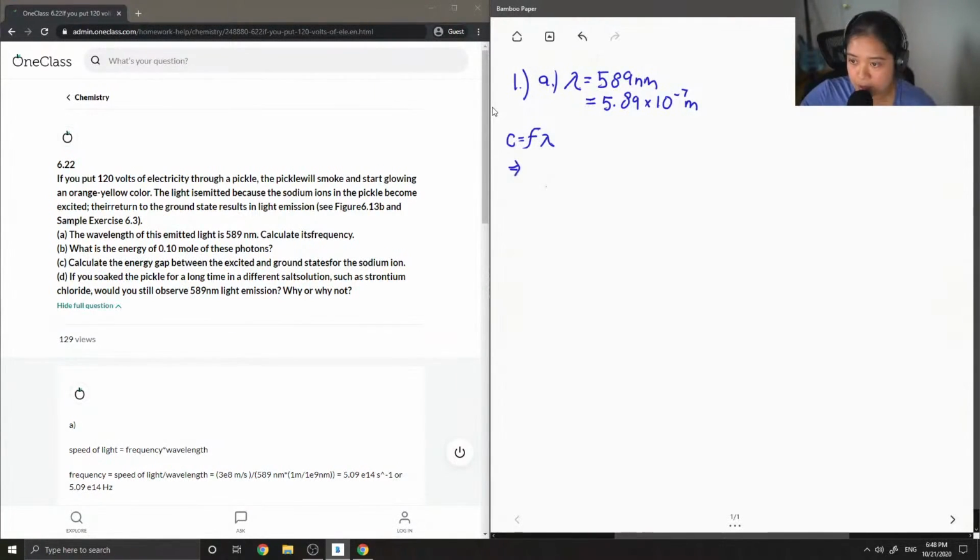So let me just rewrite this equation, since we're looking for frequency. And the reason I wanted to convert from nanometers to meters is because the speed of light constant is in meters per second.